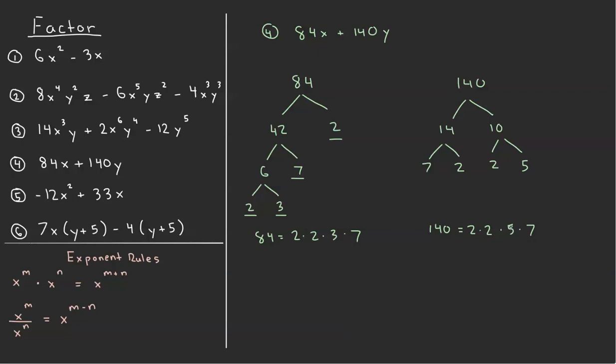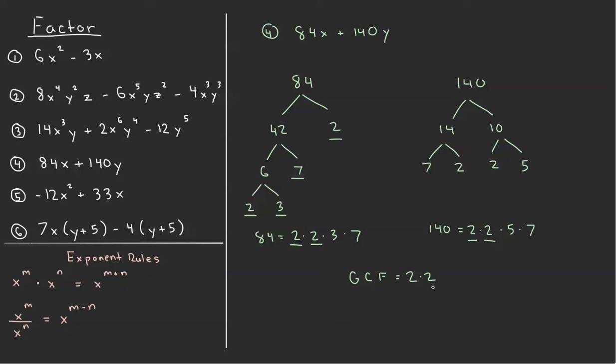If you want to know the greatest common factor between 84 and 140, we look at what factors they have in common. For 84 we have a 2, and in 140 we also have a 2. So the GCF, the greatest common factor, will have a factor of 2. Now in 84 we have another 2, and in 140 we also have another 2.